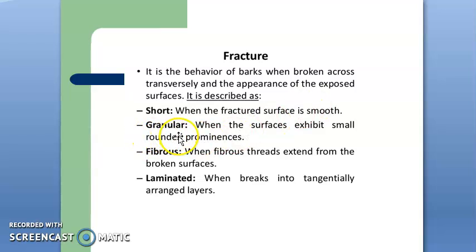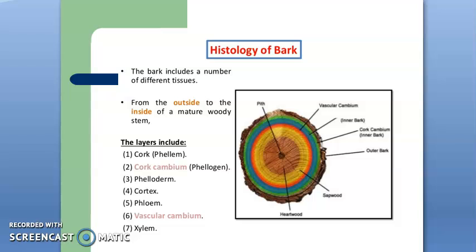For this granular type of fracture, the examples are wild cherry bark and cassia bark. So dear students, we must remember which type of bark or which shape of bark and which fracture is present in which drugs. The examples of drugs and the shape or type of fracture in that drug is very important.